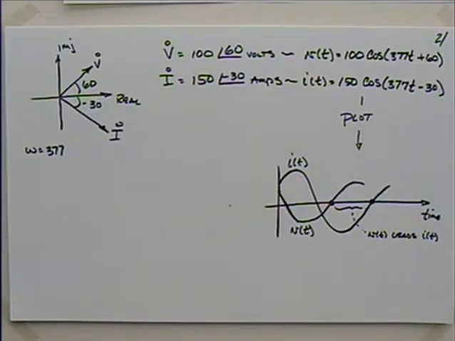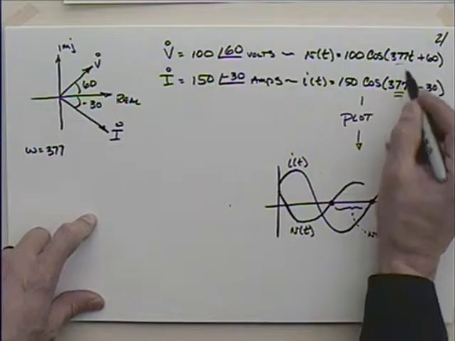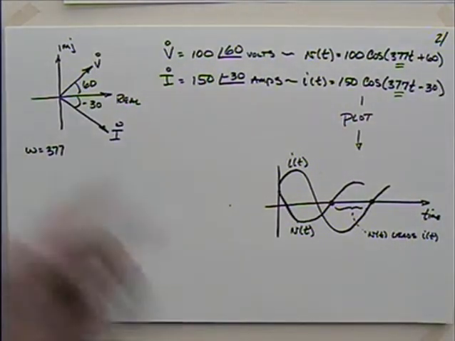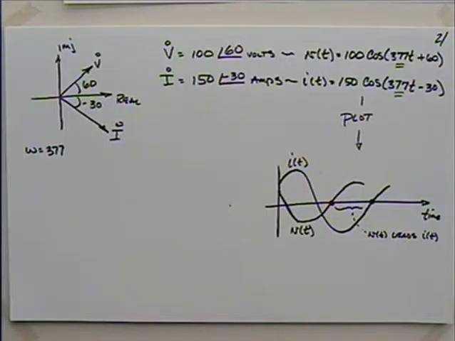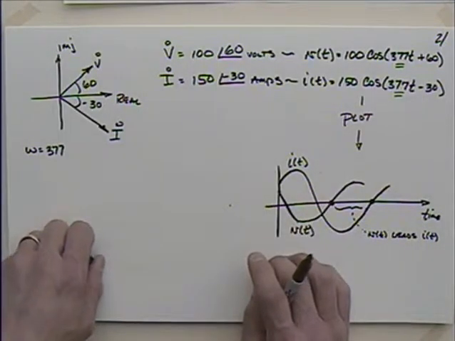Can you only do all of this when those frequencies are the same? They have to be the same. If I'm working a problem and we're talking about the current and the voltage, we would expect these numbers to be the same. You go to another problem, they could be different, but within the problem, they'd have to be the same.